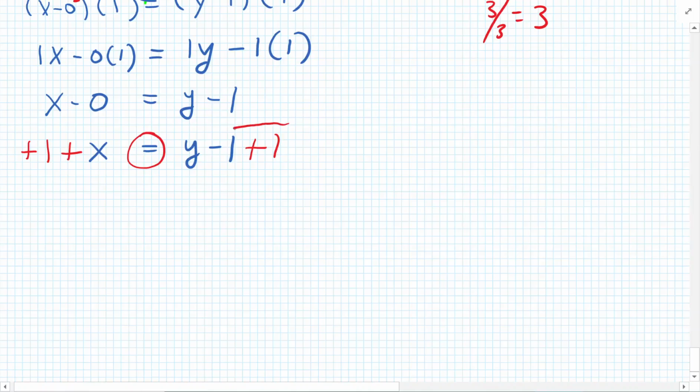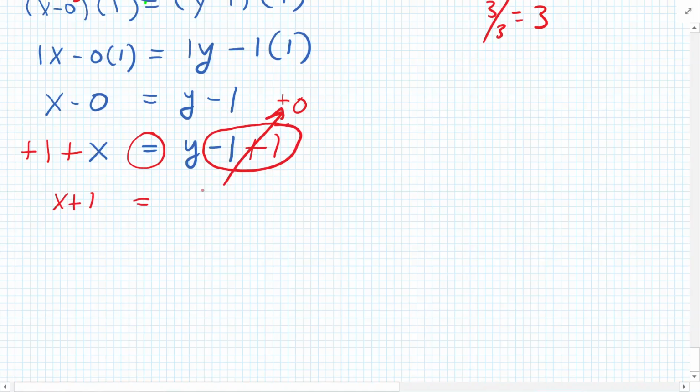Now here's where I'm going to show you this arrow. That's equal to 0, right? One plus x is equal to x plus 1, which equals y plus 0.